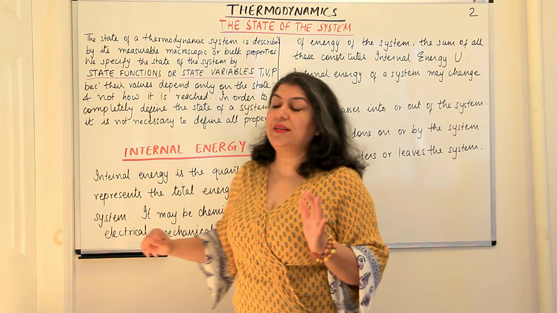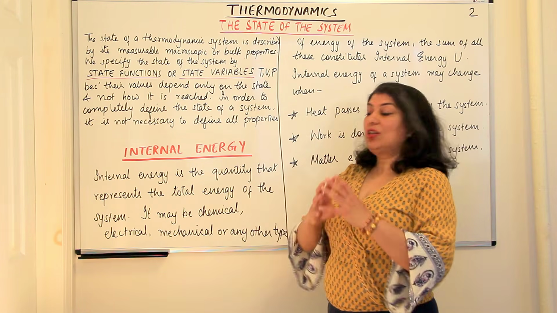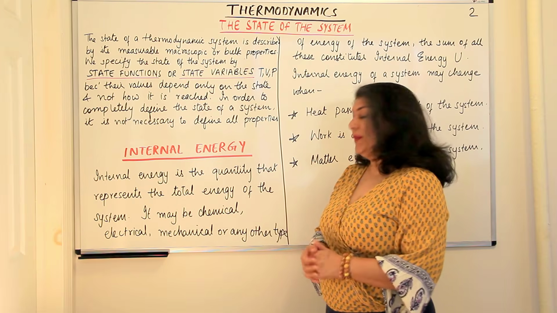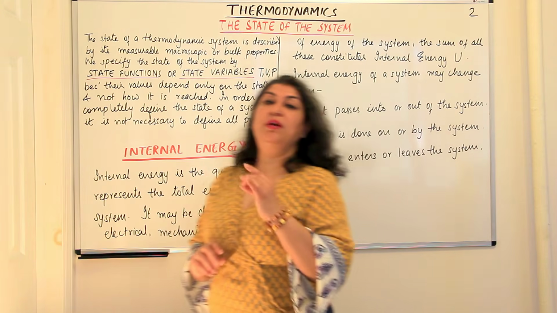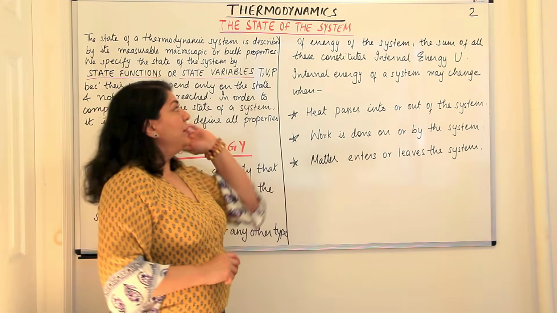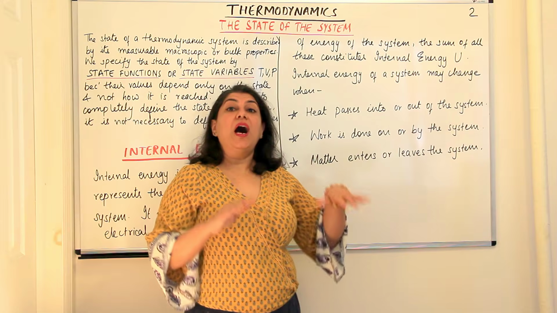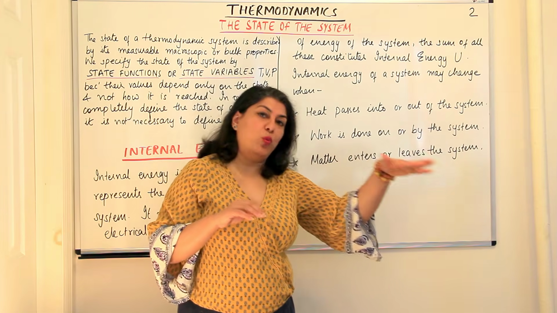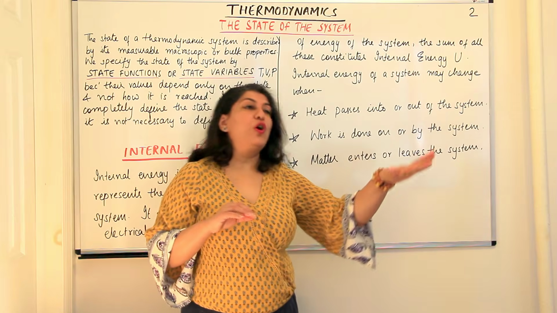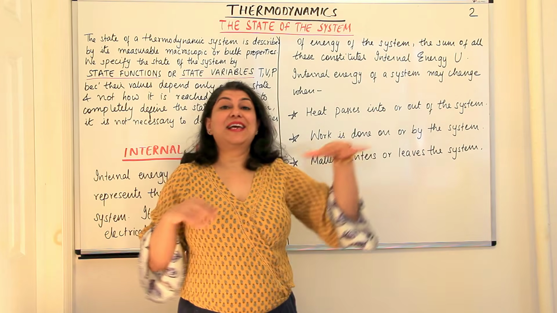Now let me just read the definition. Internal energy is a quantity that represents the total energy of the system. It may be chemical, electrical, mechanical, or of any other type. Now again, why is it a state function? It does not matter how the internal energy was achieved, whether by doing work or by eating food. How I got that energy from point A to point B is not important.